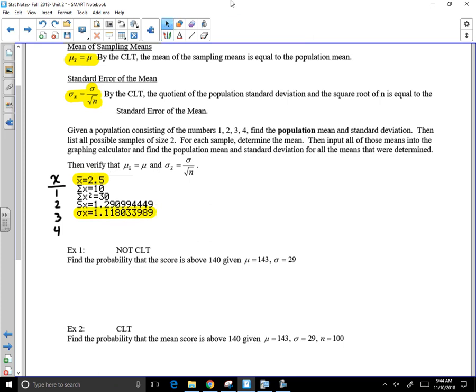I want to reflect back on what the real decimals are, so I want to have them here just so I can look at them and point to them while I'm teaching. But I'm going to make a note in rounded form that mu, because I'm looking for the population mean, mu stands for population mean, 2.5. And sigma is the population standard deviation, which is, we'll go with 1.118.